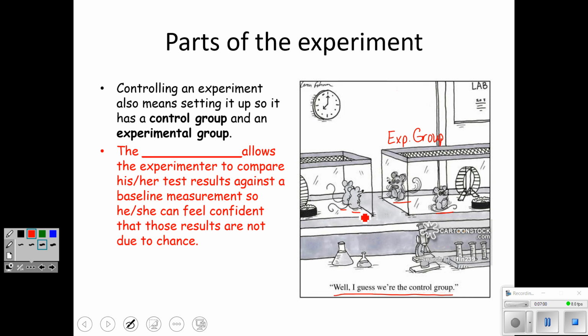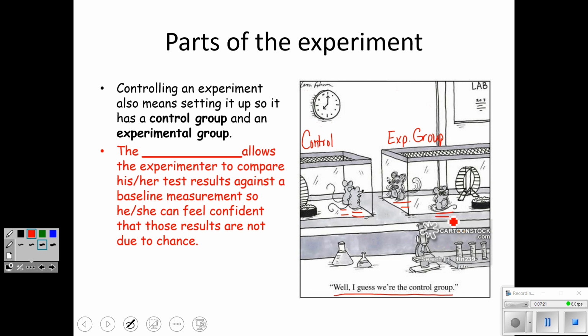These two mice here are a part of the control group, because they did not get what was being tested. The only reason that these two mice are sitting here is to compare their actions to your original two mice.